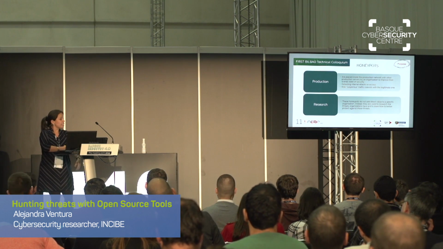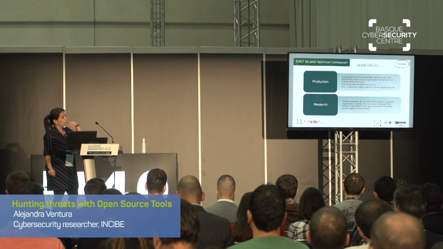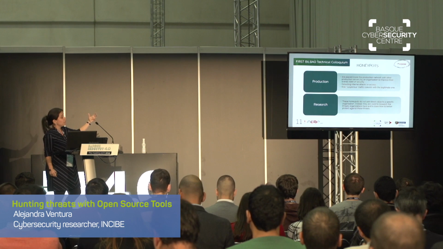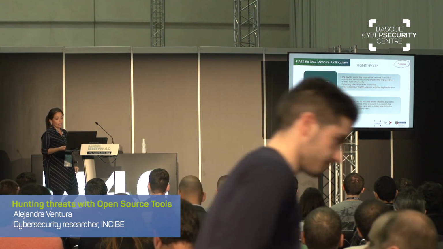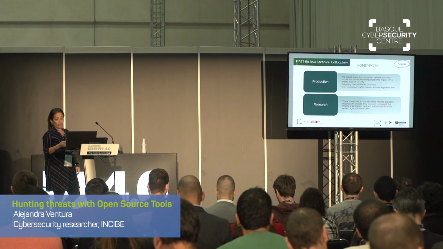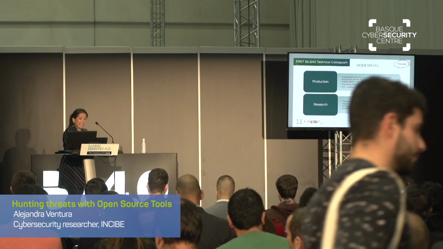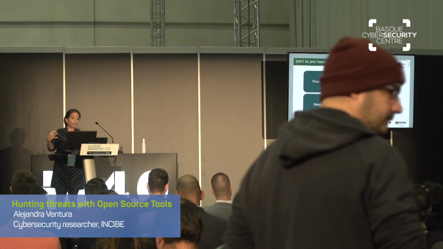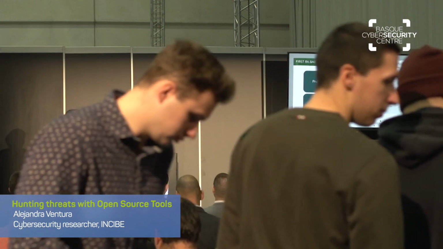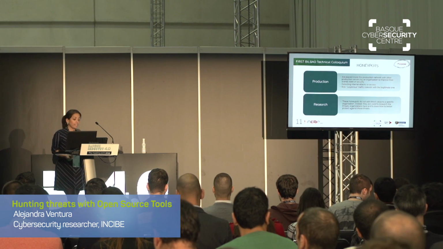What about research honeypots? That's the main one, the most important kind of honeypot that we have. This is the kind of honeypot we use at INCIBE. These honeypots collect a large amount of high-value information and discover new tools or tactics.